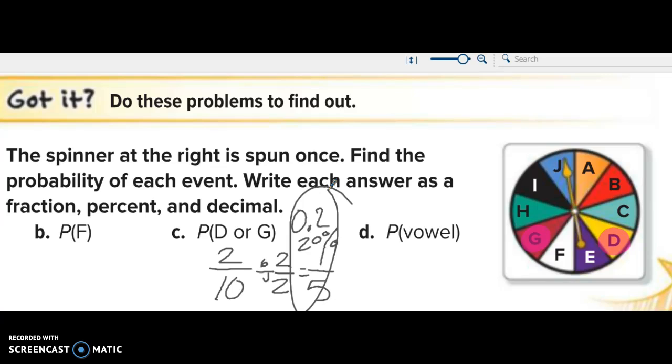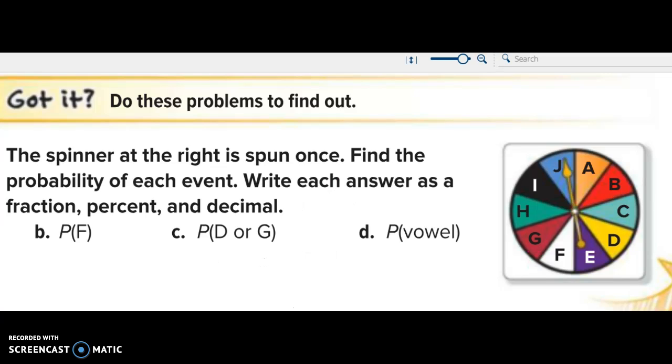All right, and Got It D. They're asking you to find the probability of spinning a vowel. Well, if you remember, vowels are A, E, I, O, and U. Okay, so my options in my spinner are A, E, I. I don't have an O, and I don't have a U. So I have 3 favorable outcomes over 10 total outcomes.